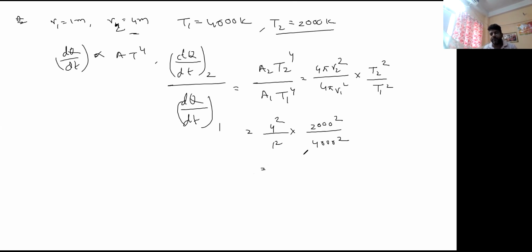The zeros cancel first of all, so you have 4 into 4, 2 to the power 4, and 4 into 4 into 4 into 4 cancels, so it is 1. So the ratio is 1:1.